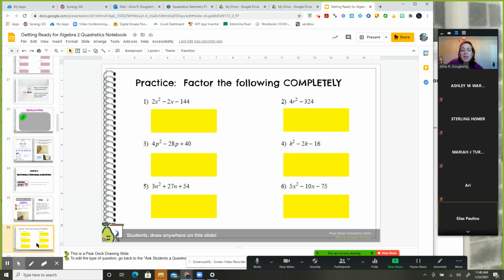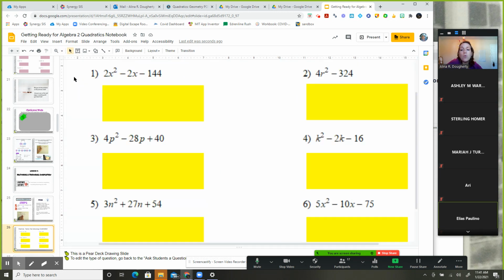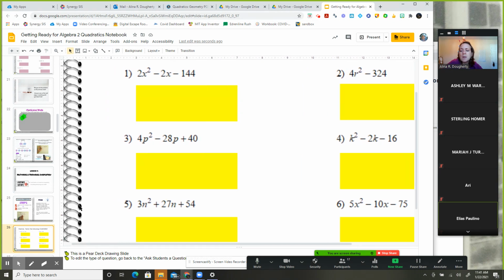So here, these are going to get kind of full, kind of fast. We're going to do one, and then I'll erase, and then I will do another one, because it's going to take more room than they gave me space for here. Step number 1 is going to be to take out the greatest common factor. So what can I divide 2x squared, 2x, and 144 by?